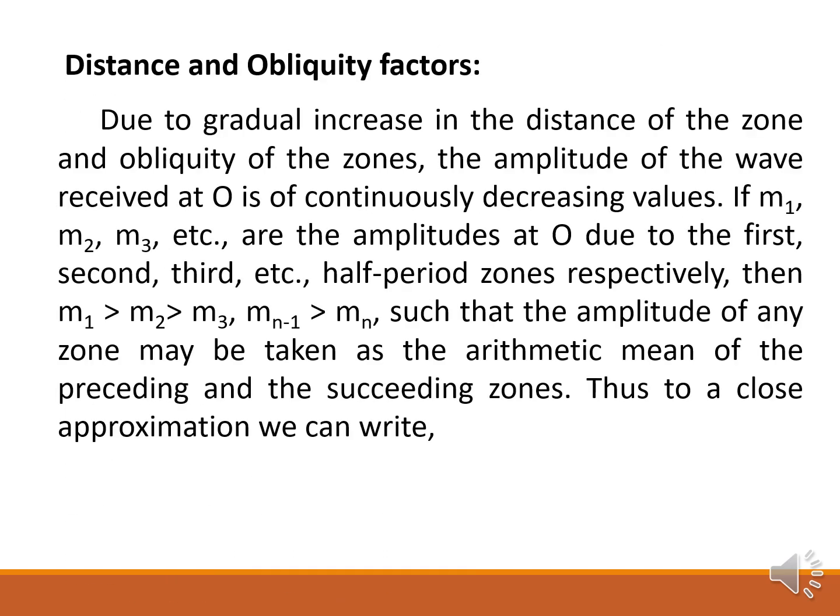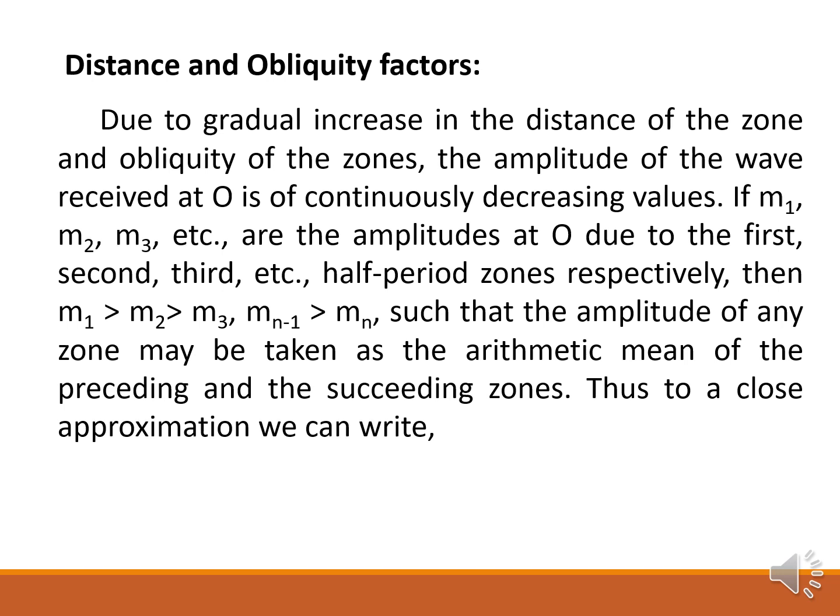Now let us understand the distance and the obliquity factors involved. Due to the gradual increase in the distance of the zone and obliquity of zones, the amplitude of the wave received at O is of continuously decreasing values.